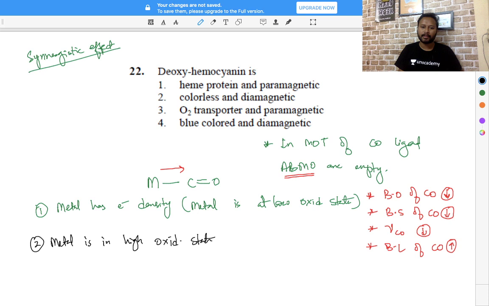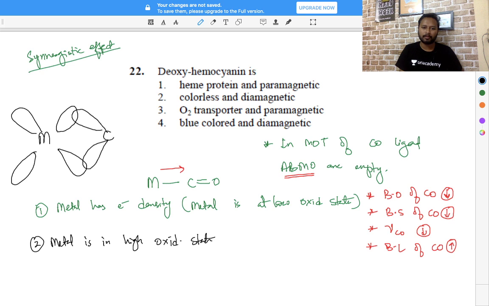So see how this bonding is being done. There are two types of bonding. These are metal d orbitals, and this is carbonyl pi orbitals. Okay, so this is how we have orbitals over it. And there is one more, that is the sigma bond between the metal and carbon.